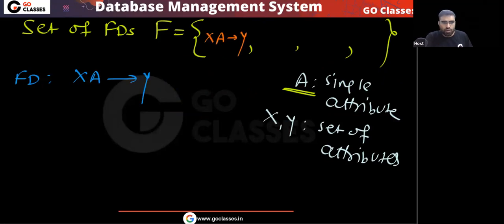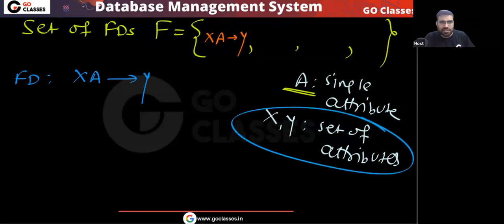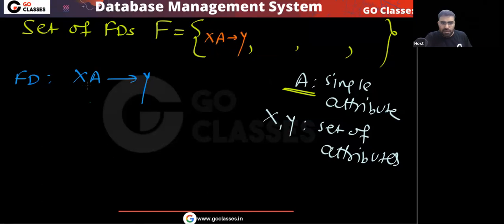Anyway, you can see this is your set of functional dependencies. Let's assume this A is a single attribute and this X, Y are sets of attributes. Now, in this FD, when can I say A is extra?